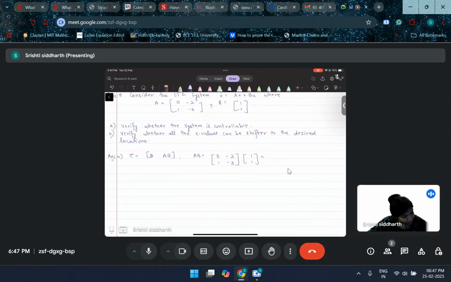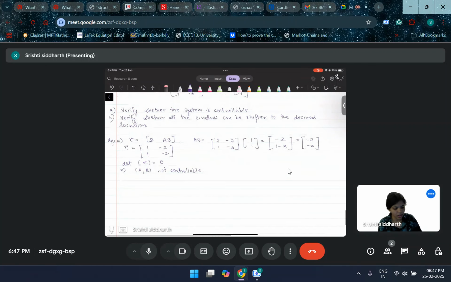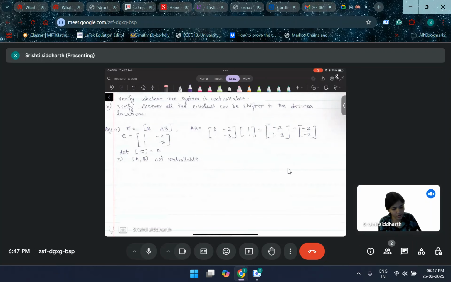So this becomes 1, 1 minus 2 minus 2. This is simply 0, which implies that the pair AB is not controllable. Therefore, we cannot shift the eigenvalues to any desired location.